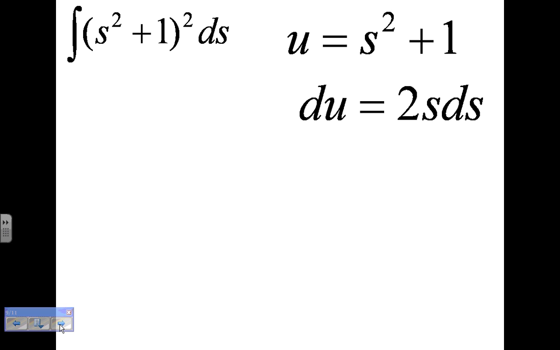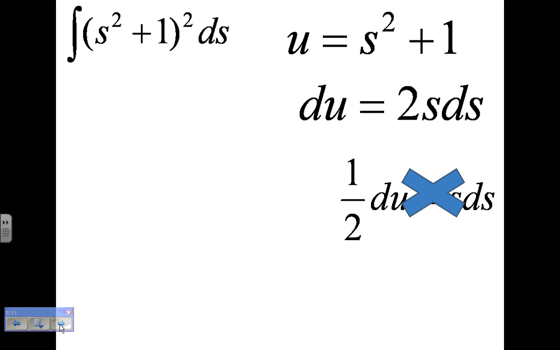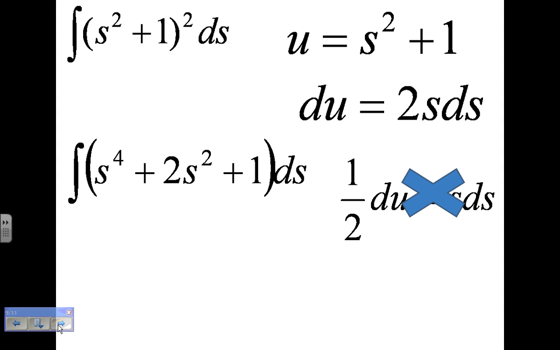So the only way to do it is by multiplying it out, like we did on the square root of x plus 5 all squared, or minus 5 all squared. So sometimes you can't do u substitution because you don't have an extra s ds outside the parentheses. And that's the indicator that you can't do it. So you simply multiply it out, integrate each one, and you go on your way. So there are some limitations to u substitution.